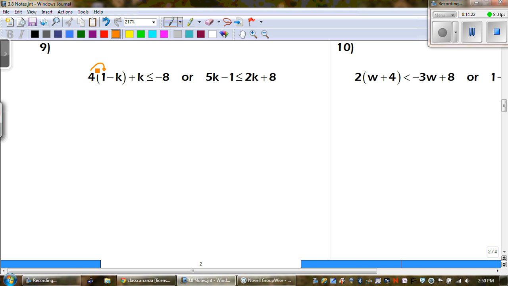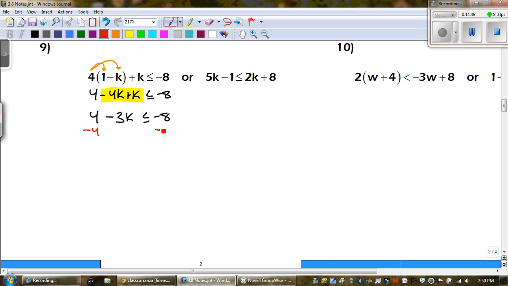Let's go ahead and do these ones together. Okay, on the left side, we have to distribute first. A lot of people got this part right here on the quiz wrong. -4 plus 1 is -3k.